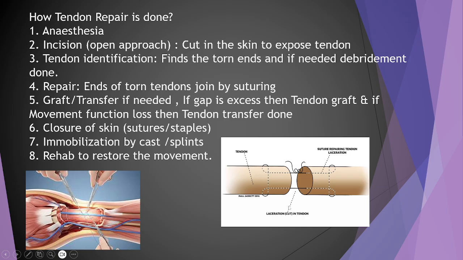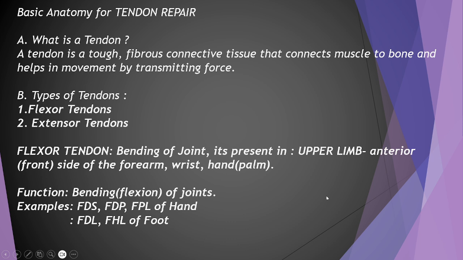After that, he will close the skin by suture or staple, and the cast or splint will be applied. To restore the movement, rehabilitation and physiotherapy will be done. So this is simple. Now next.